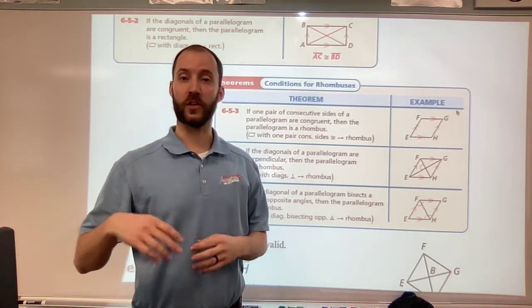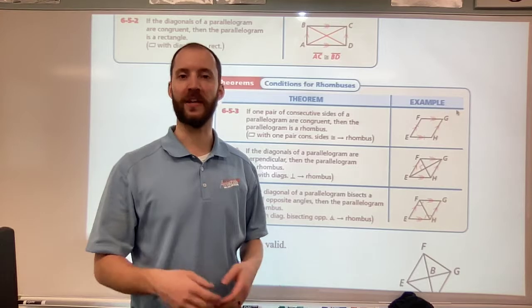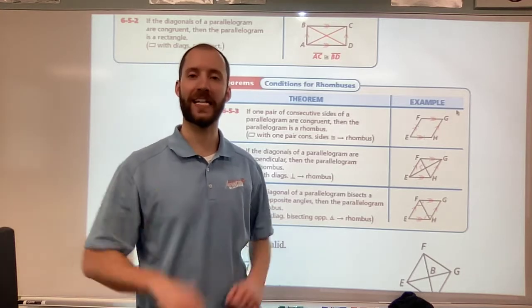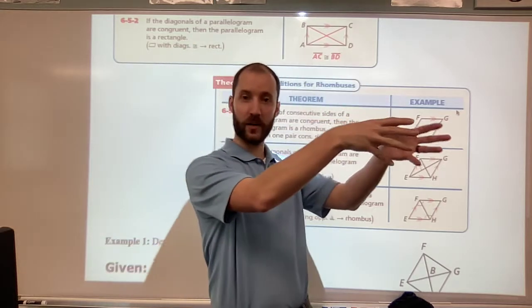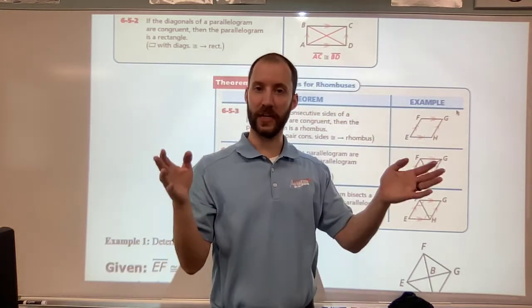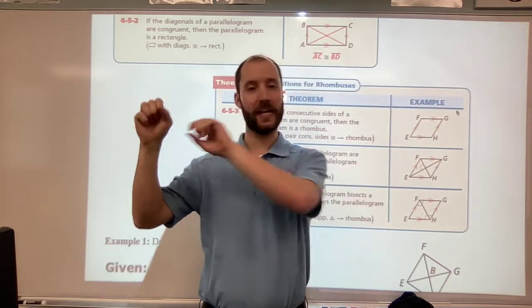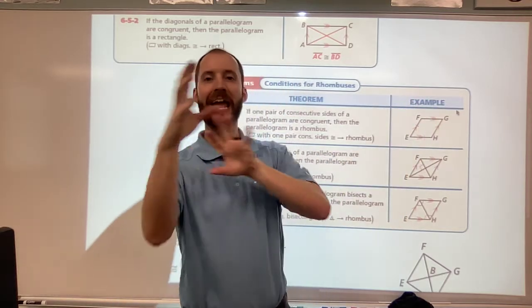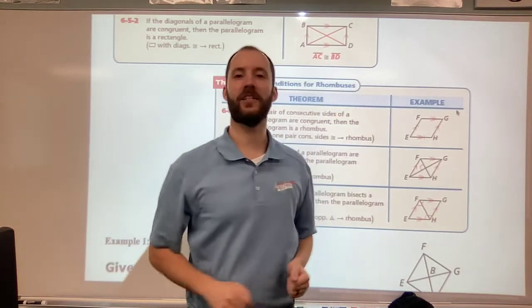Now if you want to show the square, a square is a mashup or a composite of a rectangle and a rhombus. So to get a square, you have to go through a couple layers. Is it a parallelogram first? Then, is it a rectangle and a rhombus? If you can show both, then it's a square.